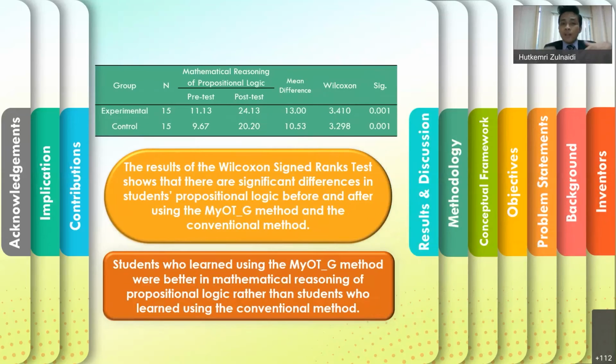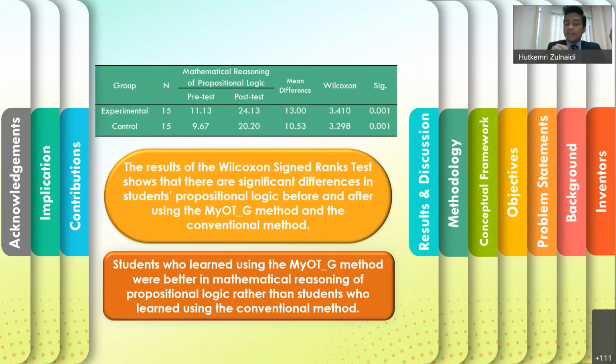Based on the Wilcoxon signed-rank test, we found there was a significant difference between pre-test and post-test for each group. Meaning that when we use the MyOTG in teaching and learning, it can increase the mathematical reasoning of professional topics among students.